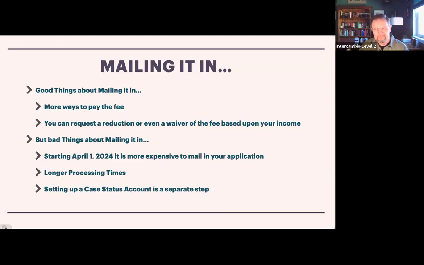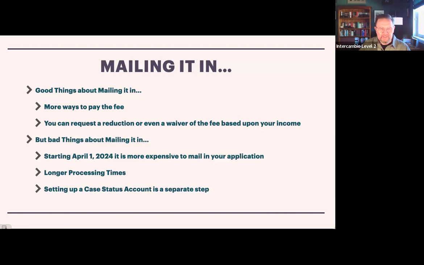Now, there's some bad things about it. Starting April 1st, it's more expensive to mail in your application than it is to do it online. The reason for that is if you mail it in, they have to take your form and everything you sent with it, send it out to a third party company that makes a digital file, then they can start using it in their application approval process.